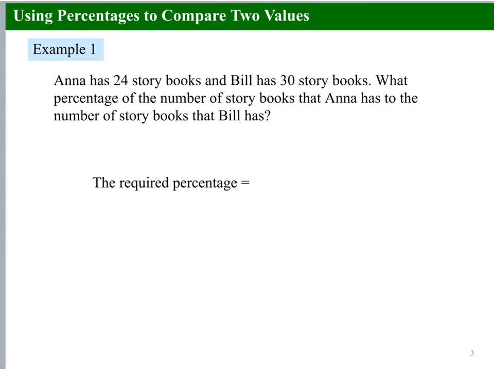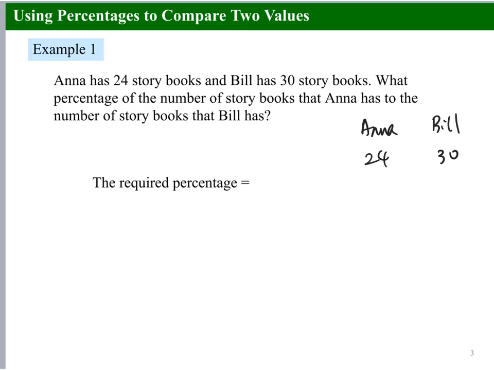In this example, Anna has 24 storybooks and Bill has 30. What percentage is the number of storybooks that Anna has of the number of storybooks that Bill has? It means Anna 24, Bill 30.